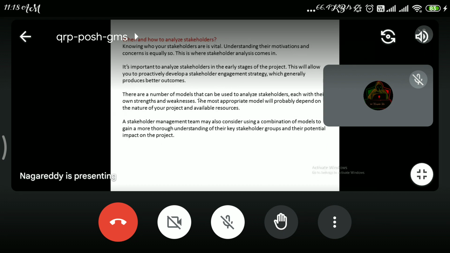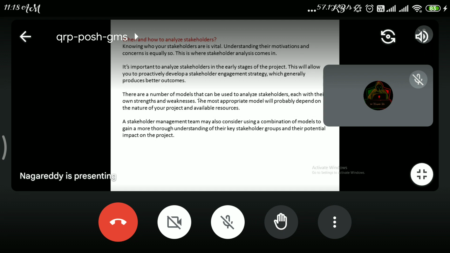Okay, some experienced person is there who has a very vital role in your project. To understand their motivations, their skills, their experience, based upon that we have to analyze and place those stakeholders in different projects.